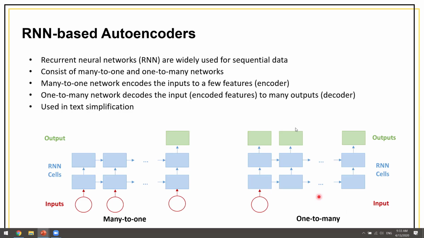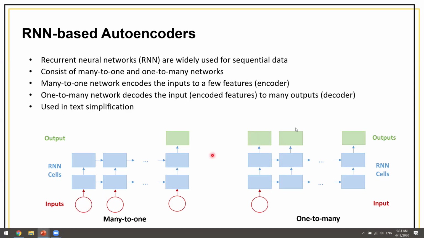Then in the second part of the network, we have a decoder, which gets the input. The input is the output of the first part, the encoded features. And then again, we have multiple layers of RNN, but this time for each cell, we have one output. So this output will be representative of this input.